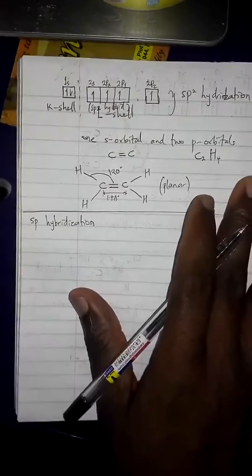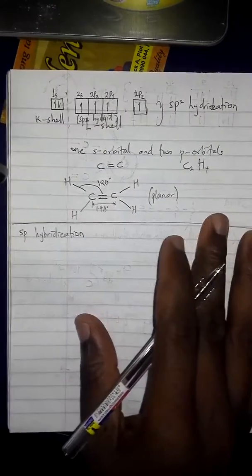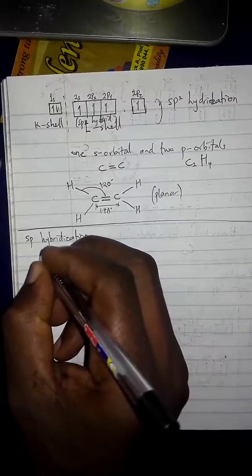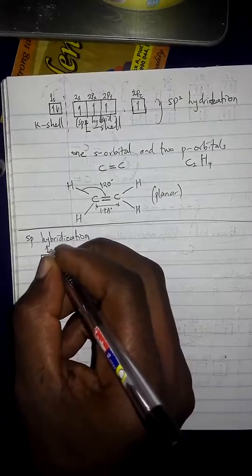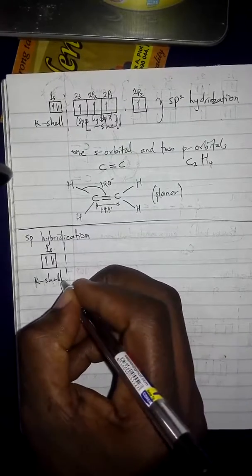So what is this going to look like for the orbital diagram in the case of the carbon atom? Look at it. The 1s orbital remains unchanged because it is not undergoing hybridization. So you have two electrons there as usual in the 1s orbital. That is everything we have for the K shell.